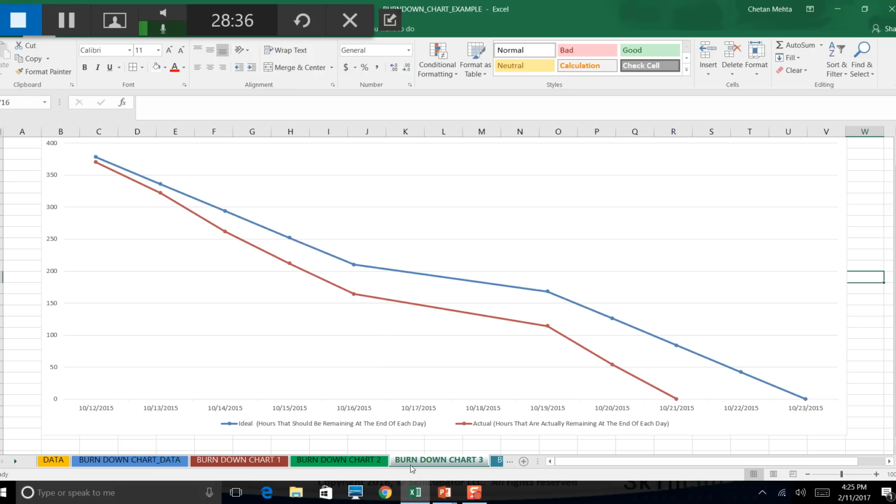Now, if you are using any of these tools, all you have to do is you need to log your hours on a day-to-day basis, and the tool will create a burn down chart for you. So you don't have to create manually. The tool will create it for you. You just have to make sure that the team is logging their hours against all the subtasks on a day-to-day basis.